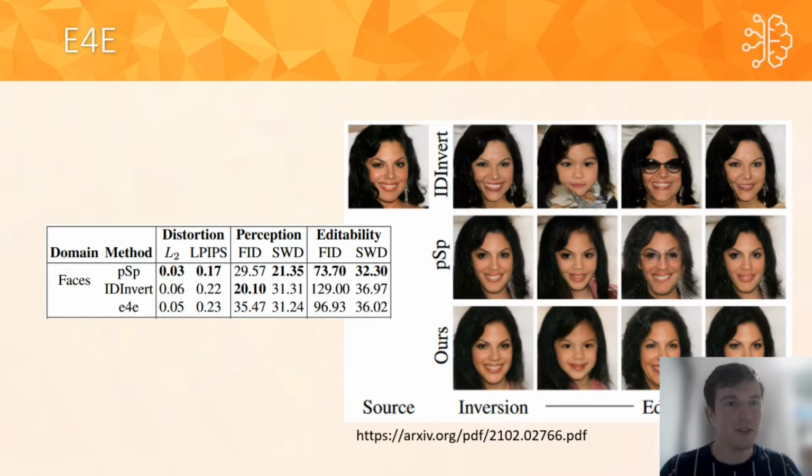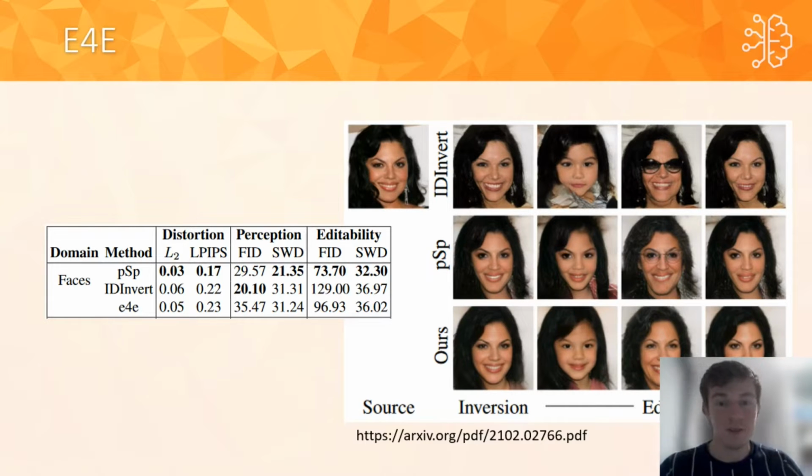Okay, we used Encoder for Editing, which encodes the images and manages to generate style vectors that are close to the initial StyleGAN style vectors. What we see in this slide is that compared to other approaches, it has worse results in terms of FID score and distortion score.